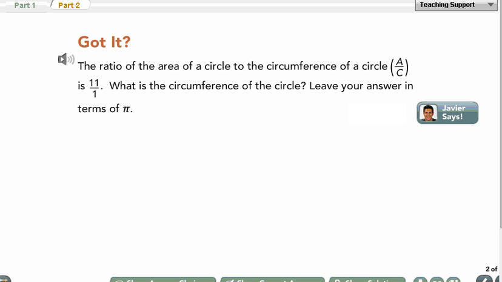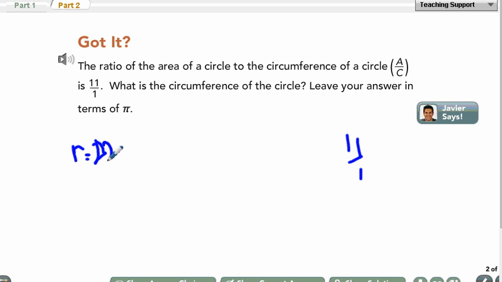Here's a challenge problem. Let's see if we can walk this one backwards. It's telling us that our ratio is 11 to 1 for our area over our circumference. So we know that means our radius needs to be 22.